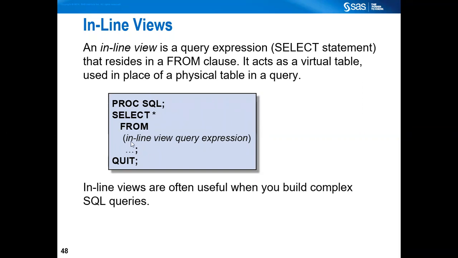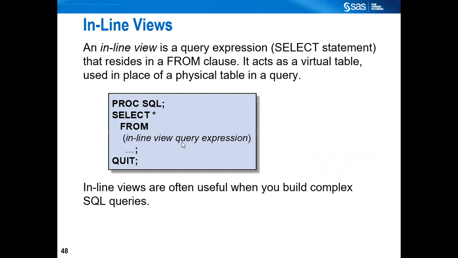So hence it's called a view. Why? Because the code which is written within, and which gives you a virtual table, that code is called a view. It's not going to have a representative physical table in your from clause, so hence it's called a view.